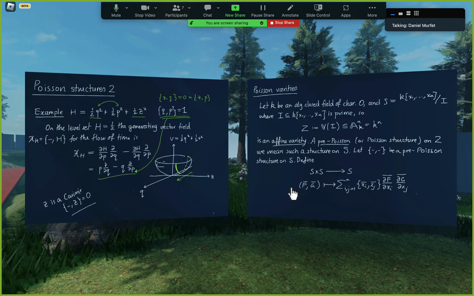I'm sorry, this point in my notes is sort of not wrong, but also not really the way I think I want to talk about it. Okay, so let me try one more time. So we're going to suppose given a pre-Poisson structure on S, then the following map defines a pre-Poisson structure on the polynomial ring.